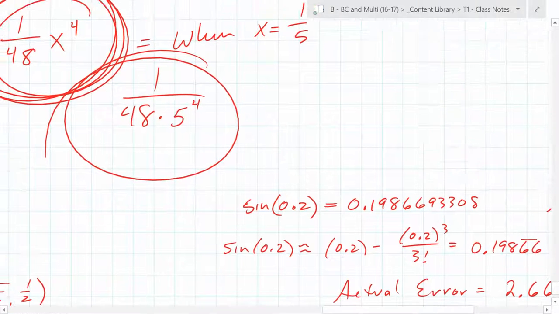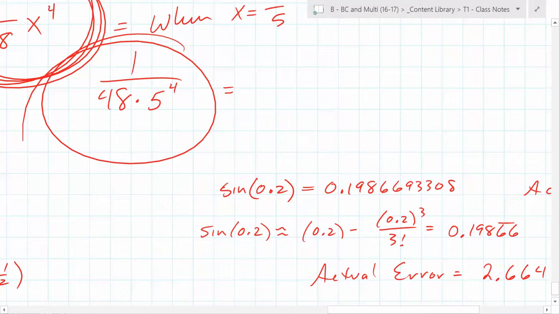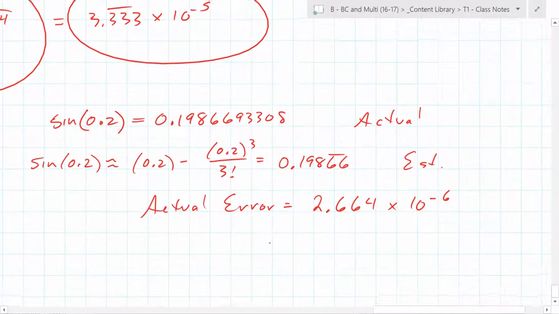So we went up here. Someone do this for me on your calculator. Can someone do 1 over 48 times 5 to the 4th? What do you get? Yes, I understand the fraction. Someone do it on your calculator. What do you get? 3 point what? Times 10 to the what? Oh, 10 to the negative 5. Which one's bigger?